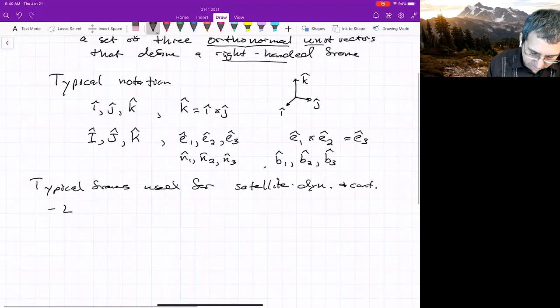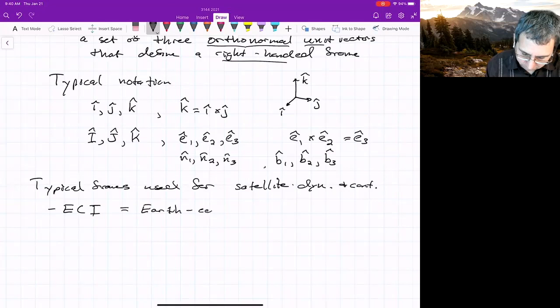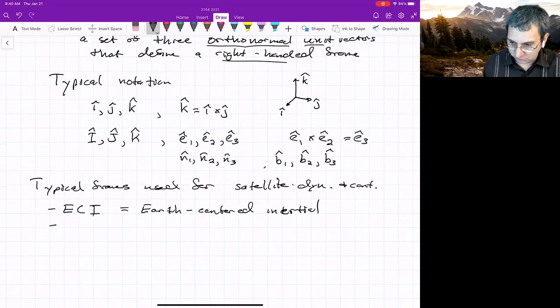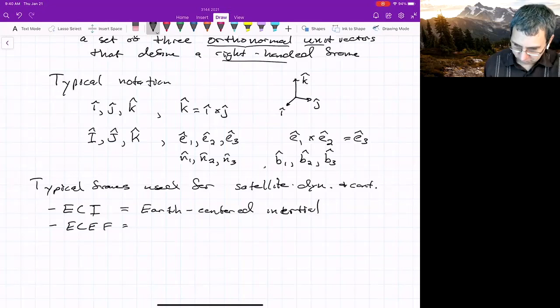There is what's called the ECI, Earth-centered inertial. I'm going to talk about each of these. Next one is ECEF, Earth-centered, Earth-fixed.